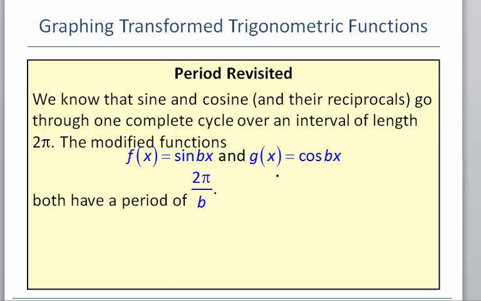Our first example is going to be the one that we just mentioned, y is equal to sine 2 pi x. And so if this is our example, the b value, the number that sits in front of the x, is being played by this 2 pi right here. And so if I want to look at what's happening to my period, I'm going to take this formula, 2 pi over b, and I'm going to plug in my b value.